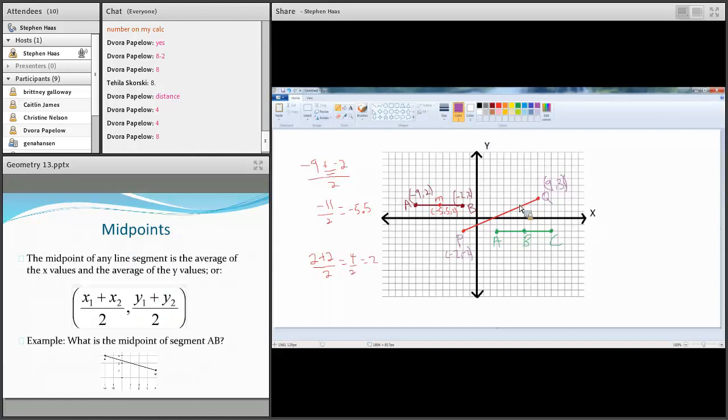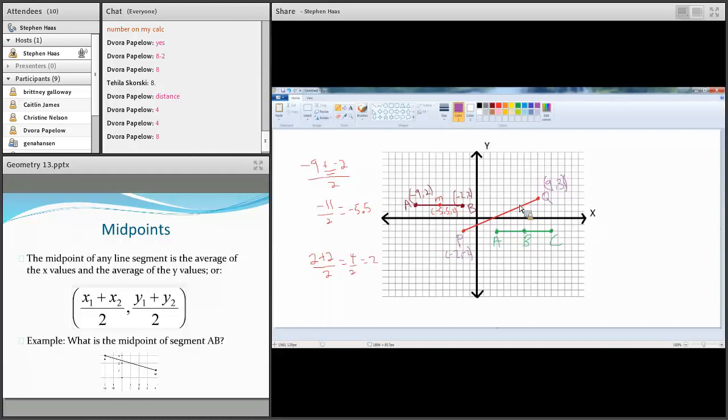Midpoint. The midpoint of a line segment is the average of the x values and the average of the y values. Another very simple, almost obvious point. Let's take 2 points on the same line, then we'll take 2 points on a different line.